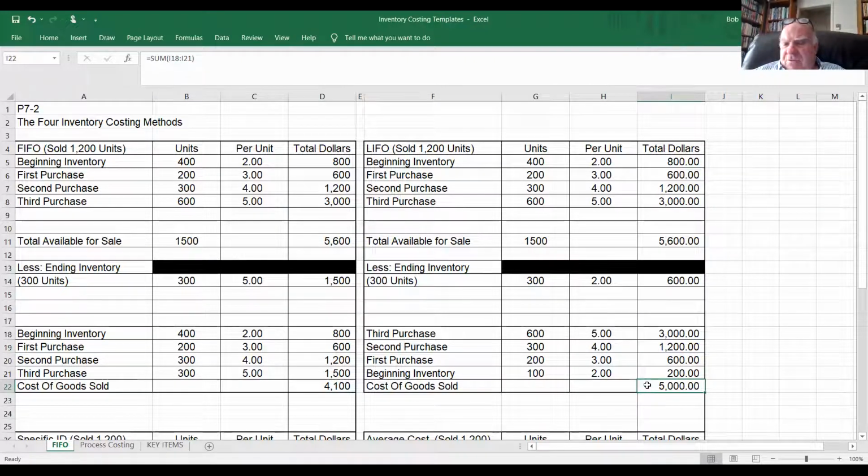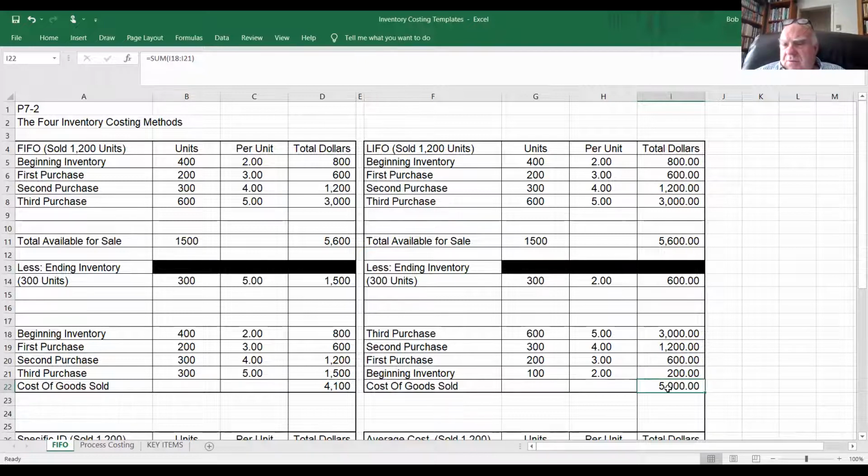The difference of $900,000 means that the LIFO people will pay that much less in taxes. 900,000 times, let's say, a 30% tax rate. That means that the LIFO people saved $270,000 in taxes. So that might be one motivation for going with LIFO.